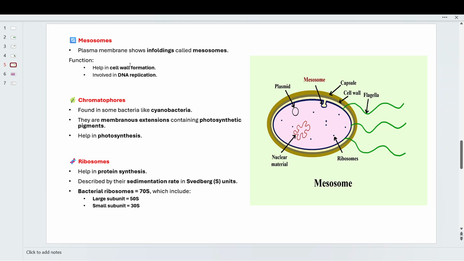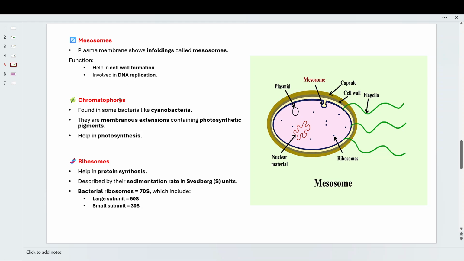The plasma membrane in some prokaryotic cells shows infolding called mesosomes. This structure helps in DNA replication, cell wall formation, and respiration. Mesosomes are homologous to mitochondria in eukaryotic cells.